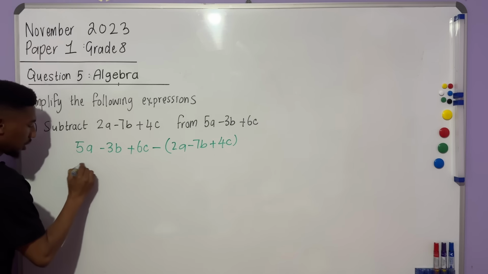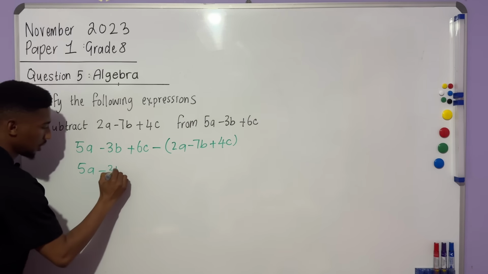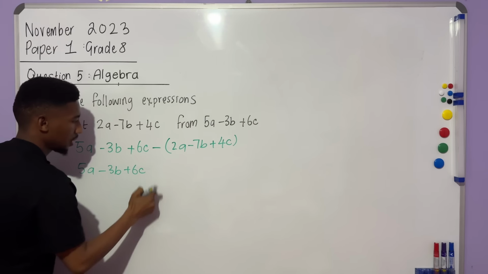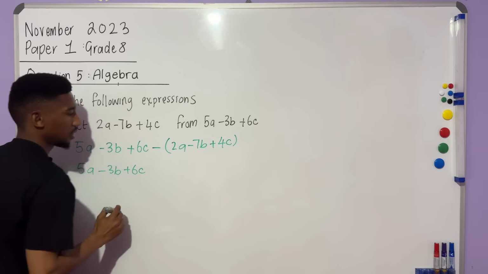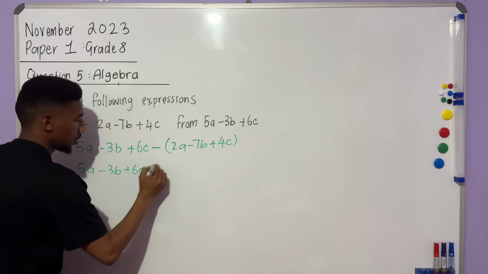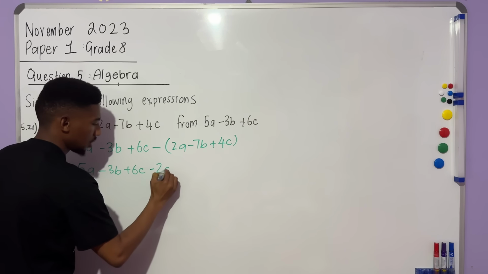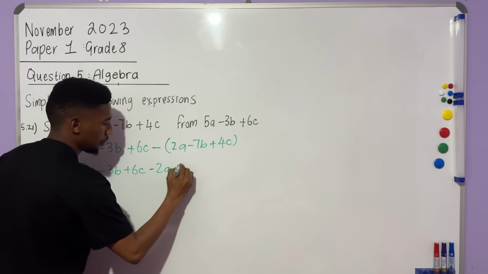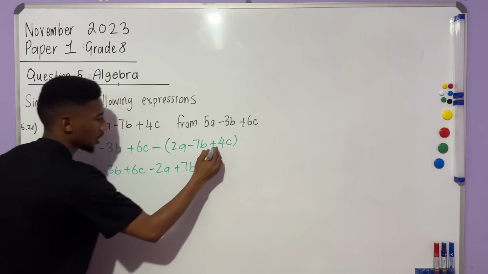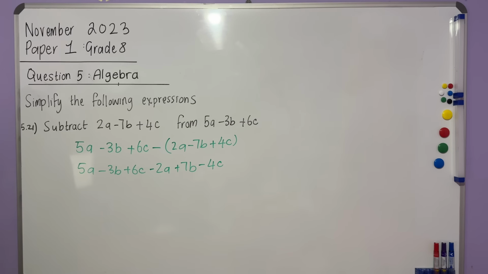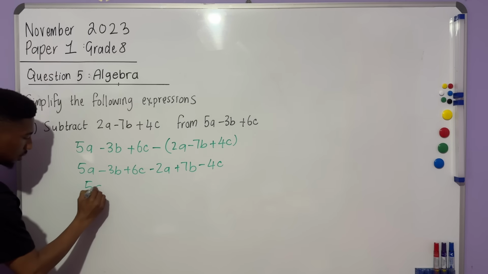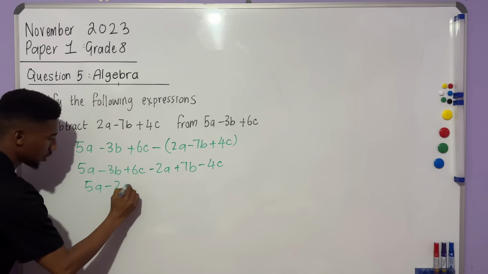Okay, then we're going to bring this down again. We're going to have 5a minus 3b plus 6c. That minus outside the bracket is going to change each and every sign inside the bracket. So instead of 2a, it's going to be minus 2a. That's going to be plus 7b now, and that's now going to be minus 4c. We're going to group our like terms together. We have 5a with minus 2a.